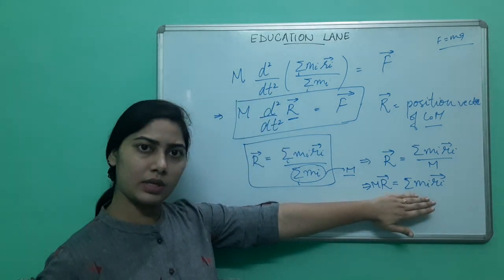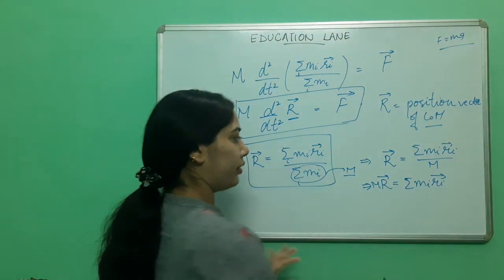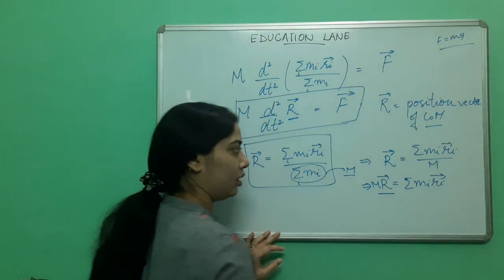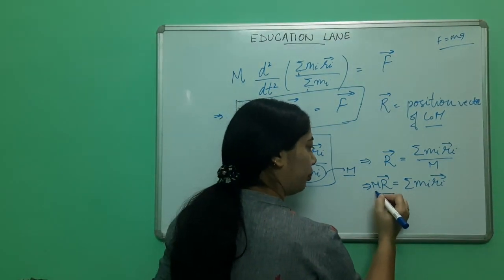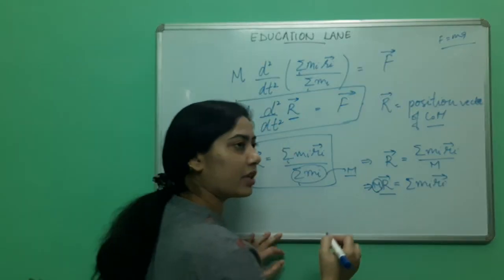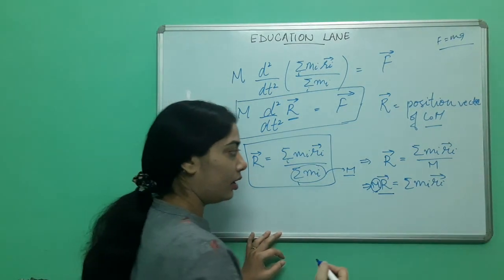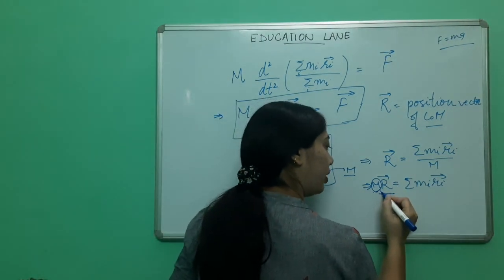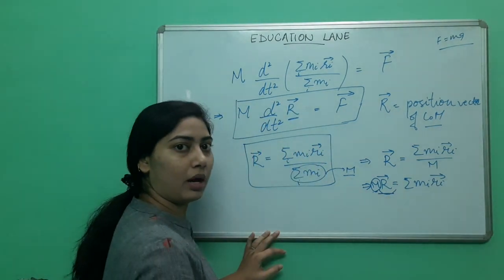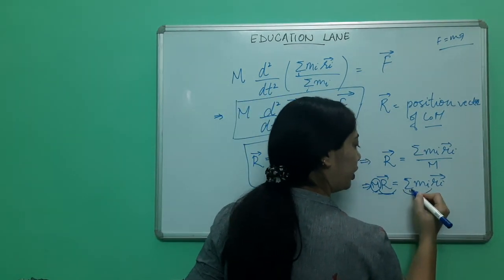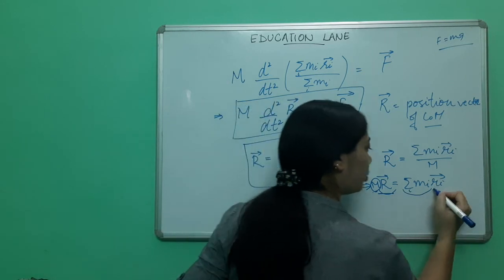Now what does it seem like? It seems that M r, the product of the total mass of the body into the position vector of the center of mass, is equal to the masses of individual particles into their position vectors.